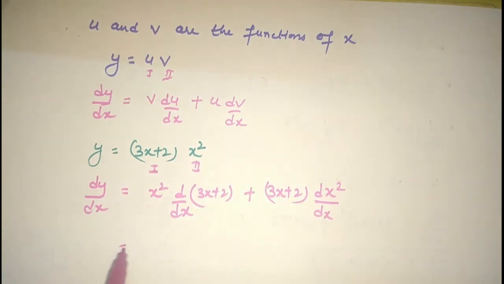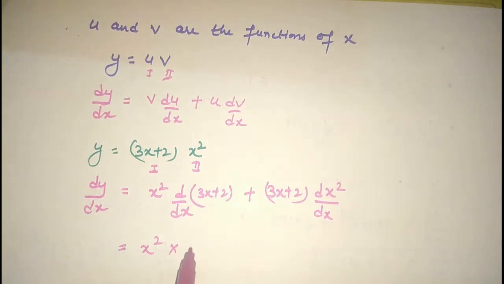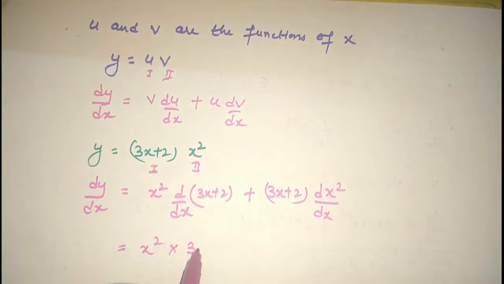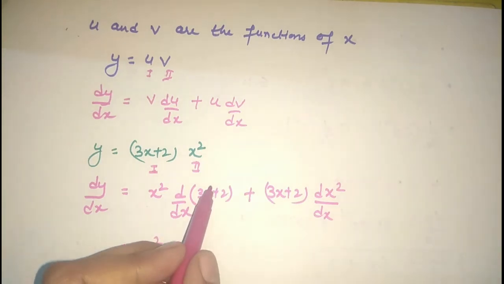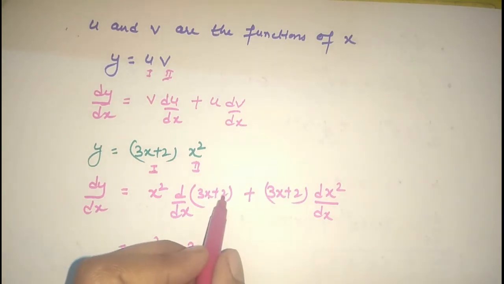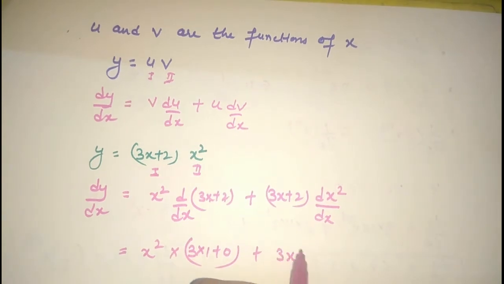So what we get, x square, derivative of 3x plus 2 is 3 and derivative of x is 1. Why 1? Because the exponent of x is 1 and when we reduce the exponent of this, it becomes 0. So x square into 3 plus derivative of 2 is 0. Clear? So next is 3x plus 2 as it is and derivative of x square is 2x.